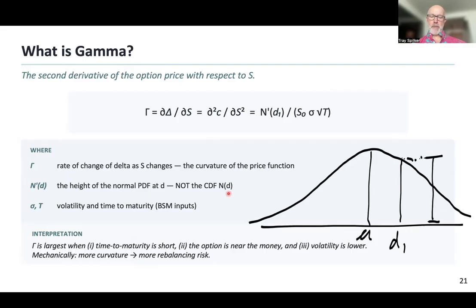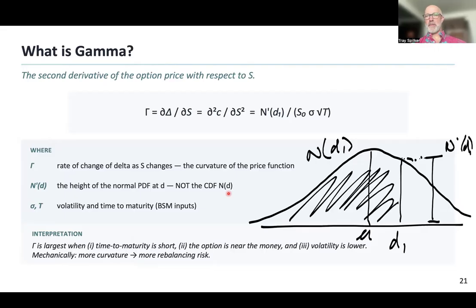This is n prime of d1 for those who are interested visually. Whereas n of d1 is actually the entire area under the curve summed up, the cumulative density function, as opposed to the probability of observing that point in time. It's the entirety of this region here.